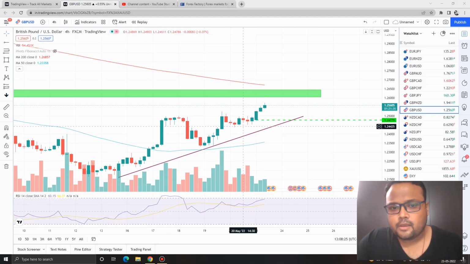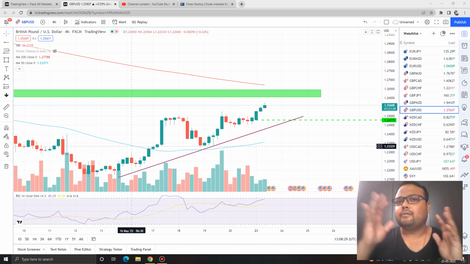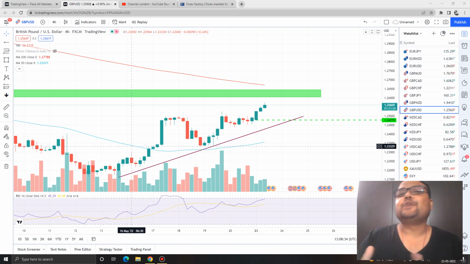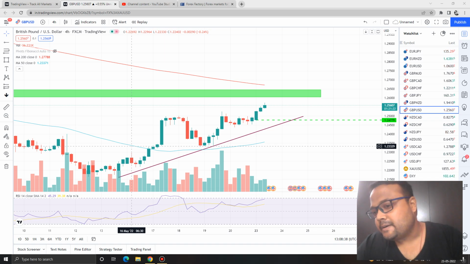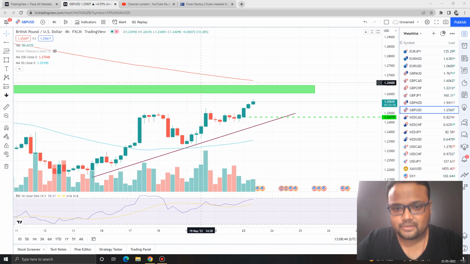First of all, we have a trend line acting as a dynamic support, but you have probably heard me saying that trend lines are not working much these days, and obviously trend lines are weaker in comparison to static support and resistance. So trend lines can be deceiving also.